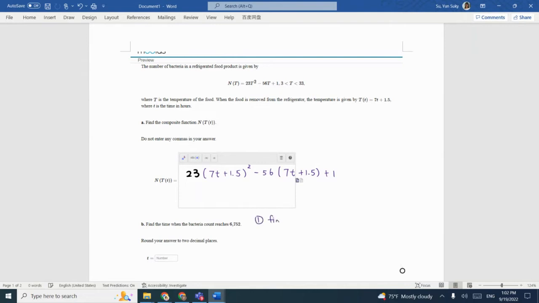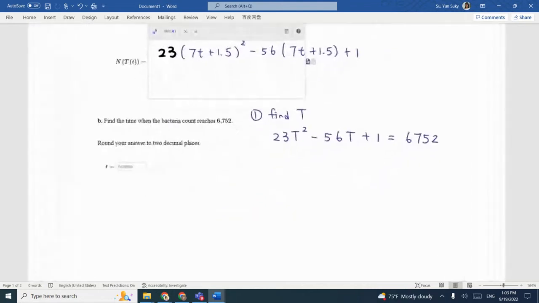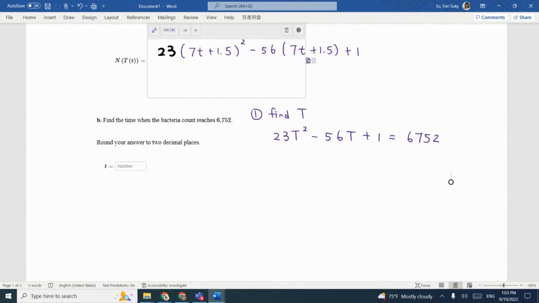So step 1, find the temperature. So we have 23T squared minus 56T plus 1. This is the number of bacteria. We set it equal to 6,752. Yes, everybody? And this is the quadratic equation, right?